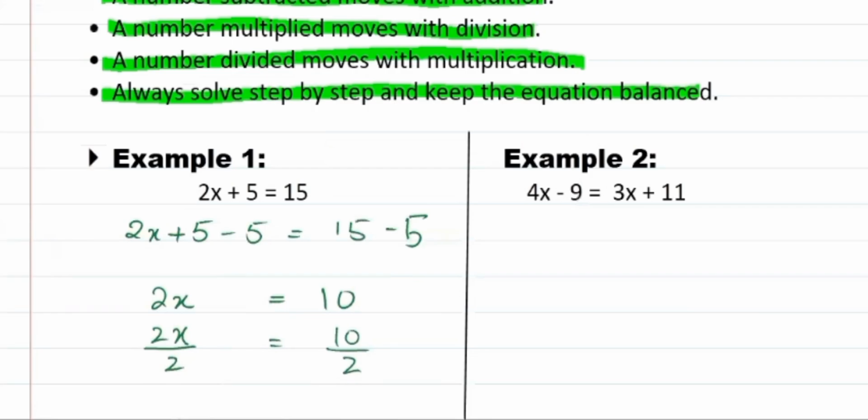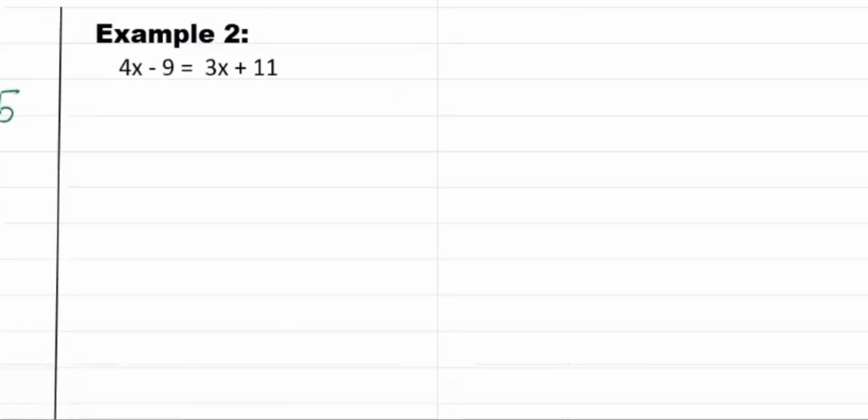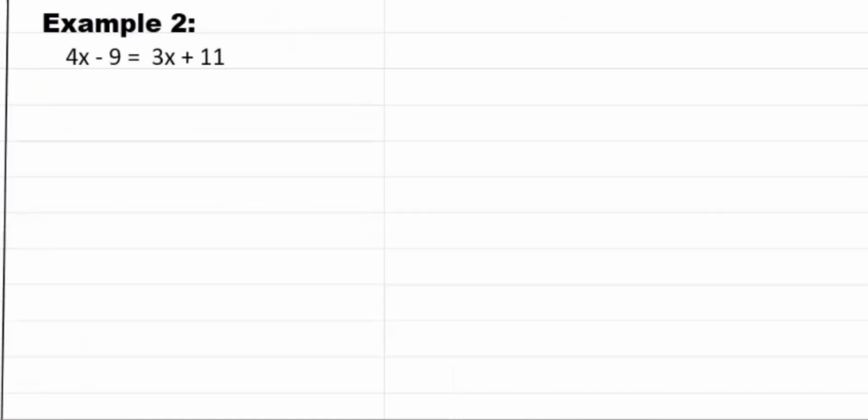Now let's solve a slightly difficult example. Example number 2 is 4x - 9 = 3x + 11. First, move 3x to the left side. Here 4x is with a plus sign, and 3x is with a plus sign.